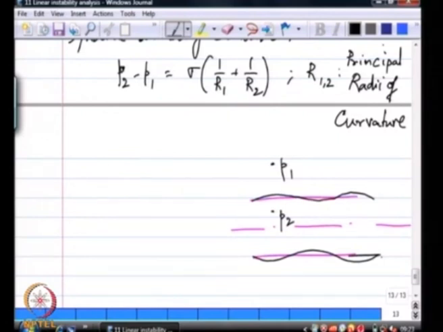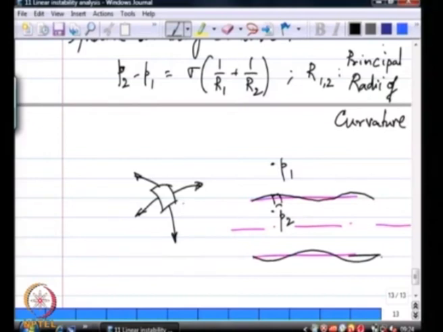So, if I now look at the perturbation pressure fields, they require that the forces at this interface remain in balance. So, if I take a short patch of this meniscus, right here, there are surface tension forces acting in all 4 directions.